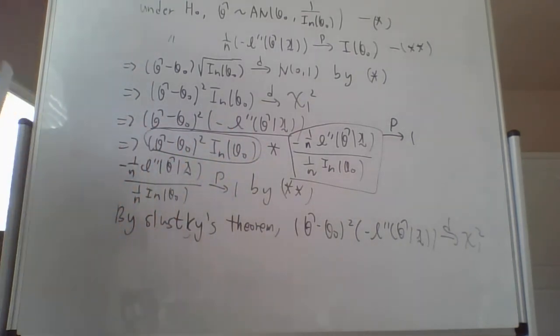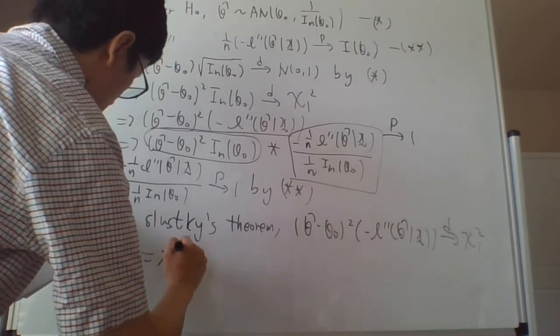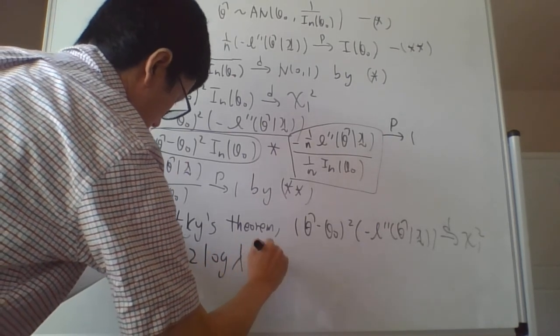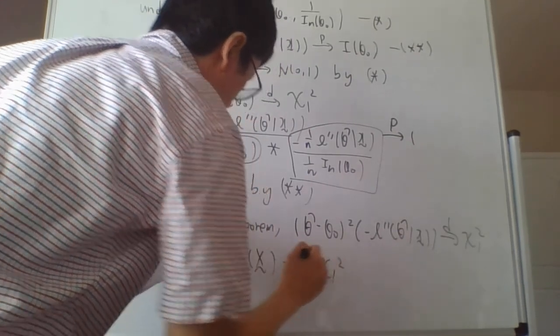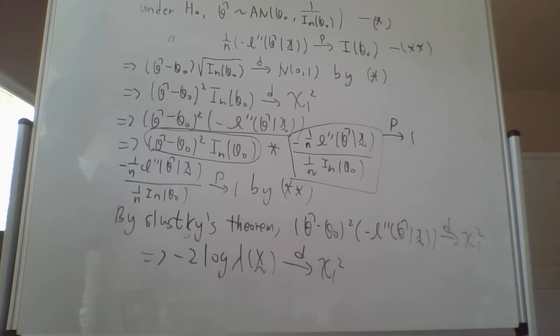This term converges in distribution to the chi-square 1, and the next term converges in probability to 1, so we can use Slutsky's theorem. This entire term, theta hat minus theta 0 squared times the minus observed information number, converges in distribution to the chi-square distribution with degrees of freedom 1, which gives that minus 2 times log of the likelihood ratio test statistic converges in distribution to the chi-square distribution with degrees of freedom 1.